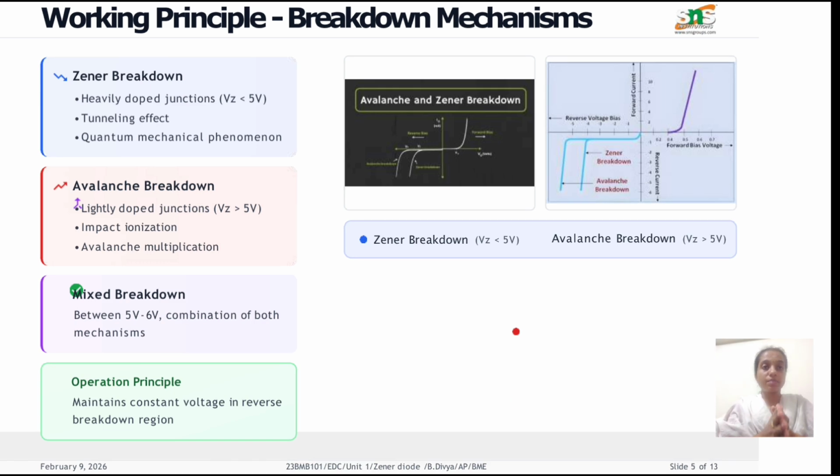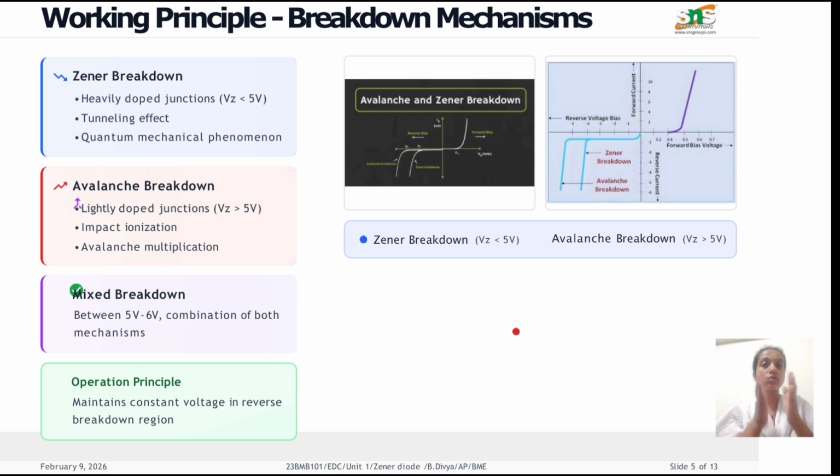Okay, the working principle, the breakdown mechanism. As I told you already, we have two types of mechanism called Zener breakdown and avalanche breakdown. This avalanche breakdown specifically works in a forward bias condition, where we don't have any Zener voltage.